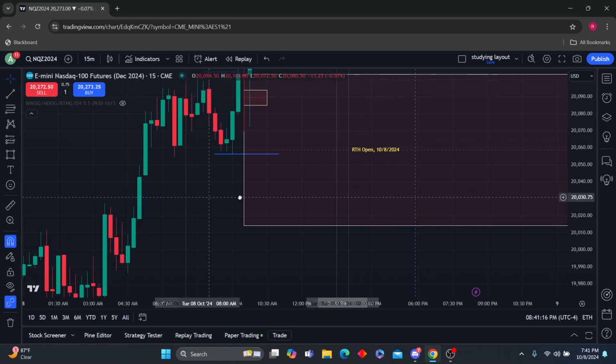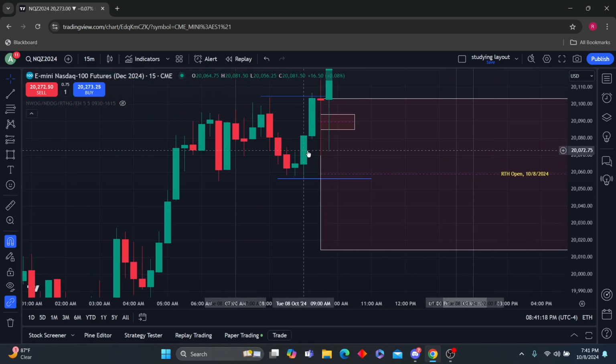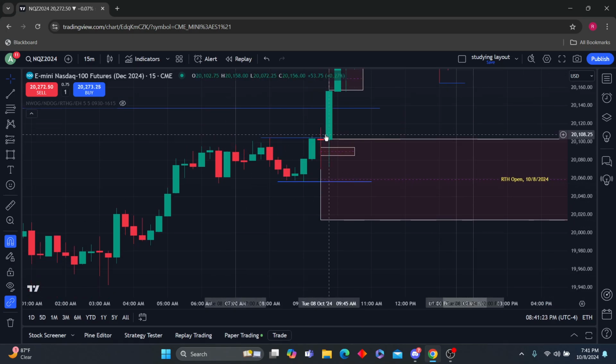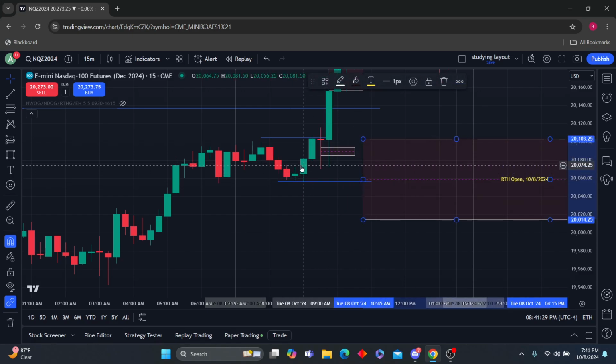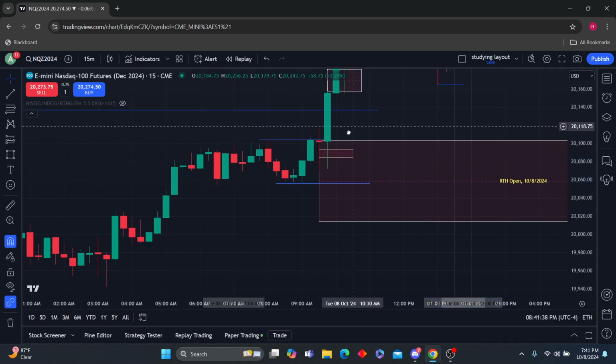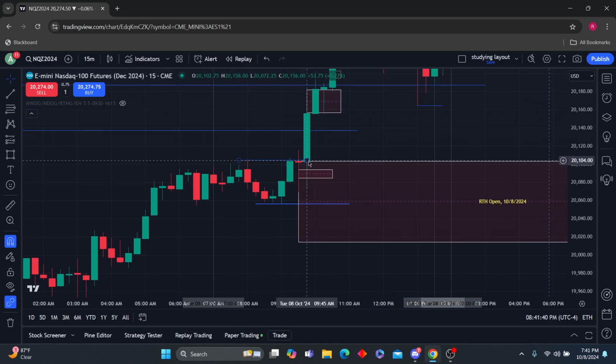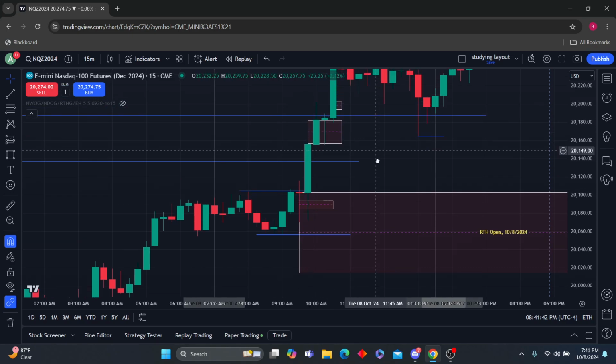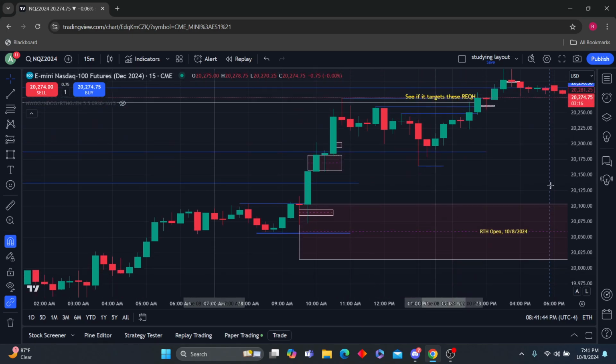So I'm thinking, okay, it could go lower, fill this volume imbalance, but what it does is just opens, small wick, consolidates, drops low to this right here, and then it reverses up, it breaks through displacement, creates this volume imbalance or fair value gap.